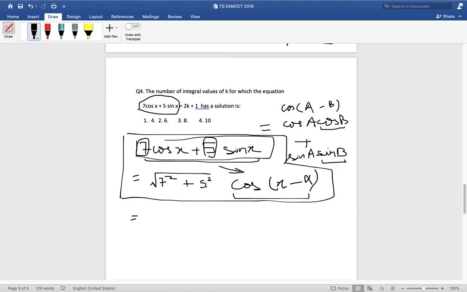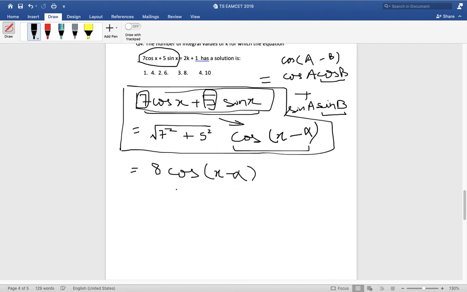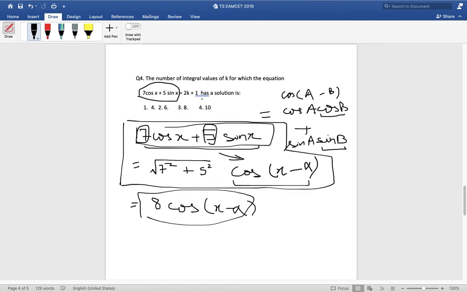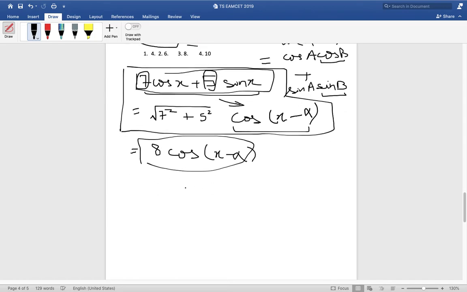So 49 and 25 is 74... is 64? Square root of 64 is 8. 8 cos x minus alpha. Now we know that this is equal to 2k plus 1, and we know that cos theta can take any value between -1 to 1, including these two.